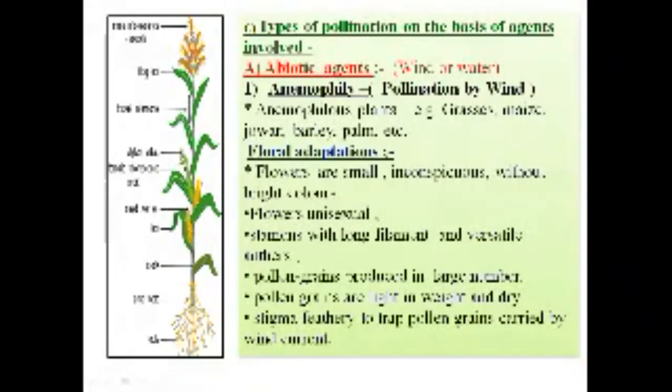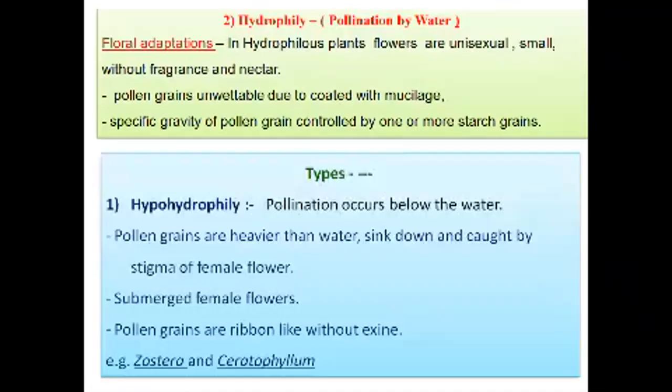Then the next pollinating agent is water. Pollination by water is known as hydrophily. These are of two types. One is hypohydrophily and another is epihydrophily. The plants present in water, or the aquatic plants, pollinate with the help of water.